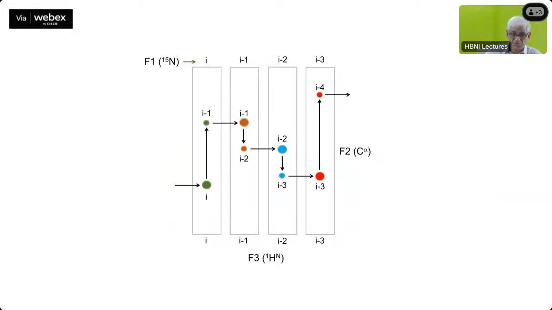The same four peaks which are there. So if I were to look at the green one, I have the self and the sequential. Now what I do is I search through the N15 planes, scan through the N15 planes and find out if I have a C alpha at this particular chemical shift. Which chemical shift? C alpha chemical shift. And I find that, okay, yes, at a particular plane we have this, and I have the self peaks here at the same chemical shift.